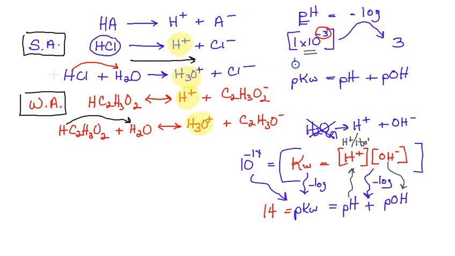For instance, this could go down to 1 times 10 to the negative 2. It got bigger by what? 10 times. And the pH now would be 2. So our pH drops as our H plus or H3O plus increases. That's something you really should have learned. So this is an important skill to have, going back and forth and seeing that.